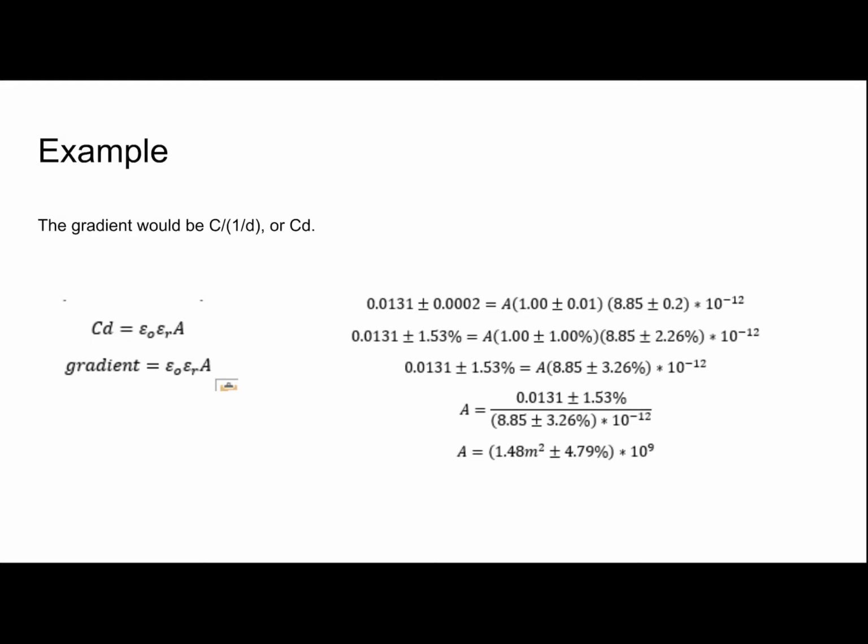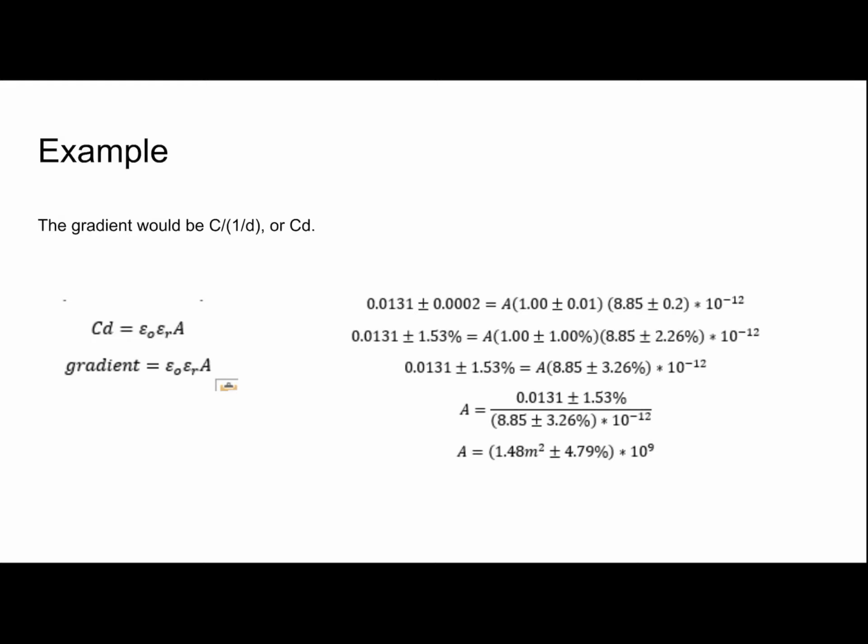We know our gradient is 0.0131 plus or minus 0.0002 equals A, which we don't know, times 1.00 plus or minus 0.01 multiplied by 8.85 plus or minus 0.2 times 10 to the power of negative 12. Because we're multiplying uncertainties, we need to add the percentage uncertainty, which means we're going to convert everything to percentage uncertainty. Once we do, everything on the right we can just multiply.